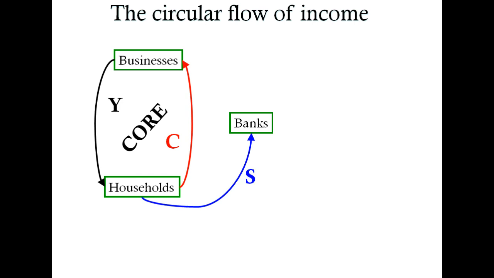Some of the income will be spent, C, and some of the income will be saved, put into the banking system. The banks, however, don't just hoard that money, rather they lend it out. Who do they lend it to? Well, let's say in our simple system, predominantly they lend it to the businesses for investment purposes.